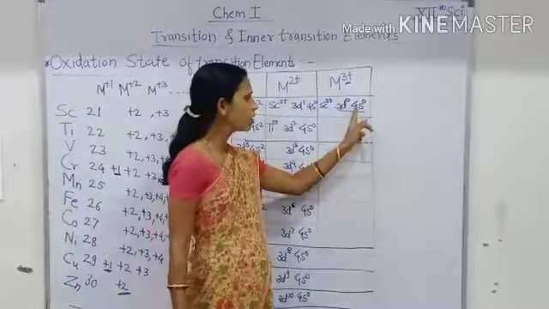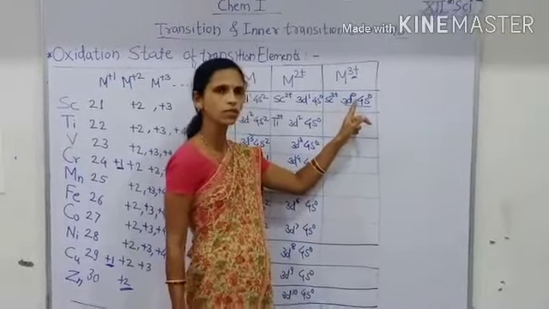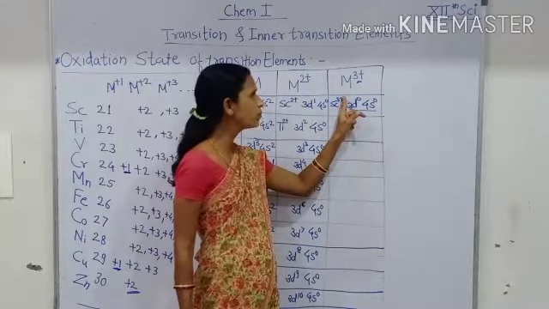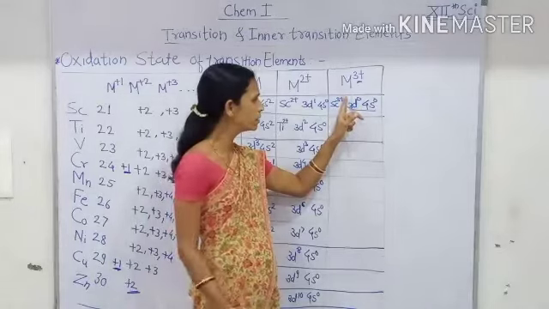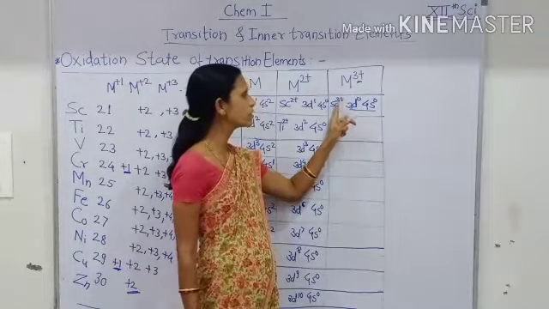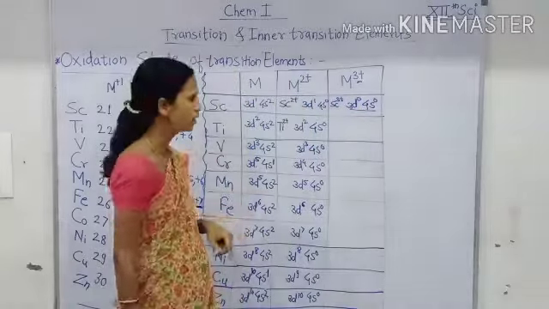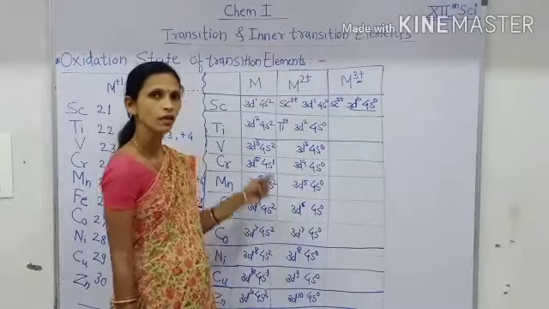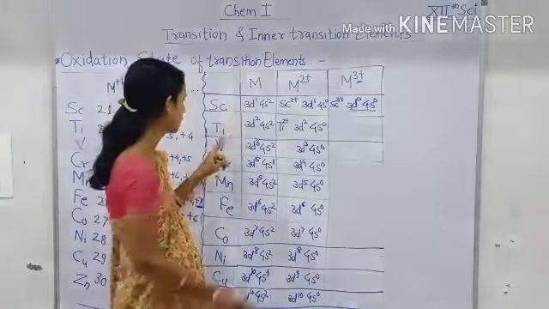See here, the 4s orbital is empty, vacant, and the 3d orbital is also empty. Therefore, scandium 3 plus is the most stable ion, or plus 3 is the most stable oxidation state for scandium, because the vacant orbitals of an atom possess more stability.